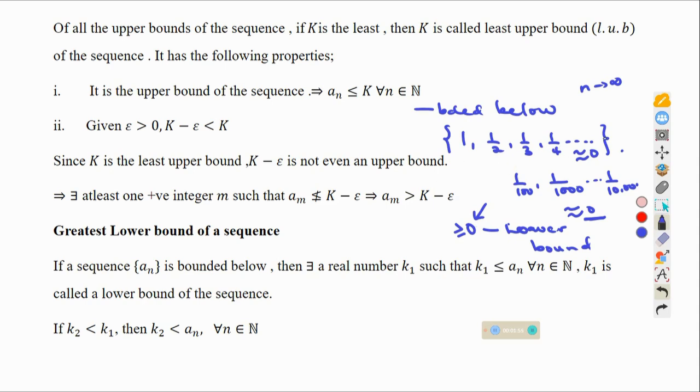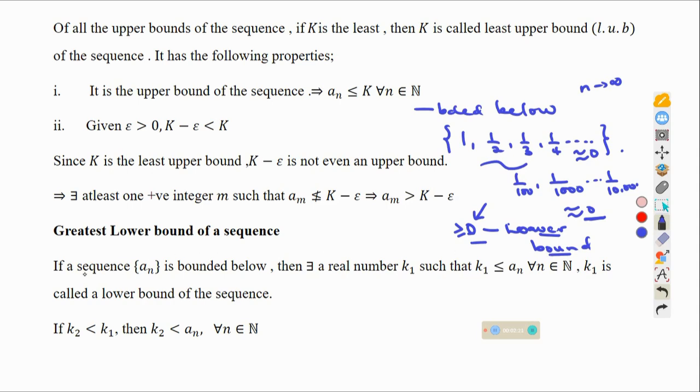It will be approximately coming to 0, but all these other terms will be greater than 0. So that is why we said 0 will be a lower bound, the smallest number for which all the other terms within this sequence are greater or equal to 0. So for our case, we have 0 as our lower bound.